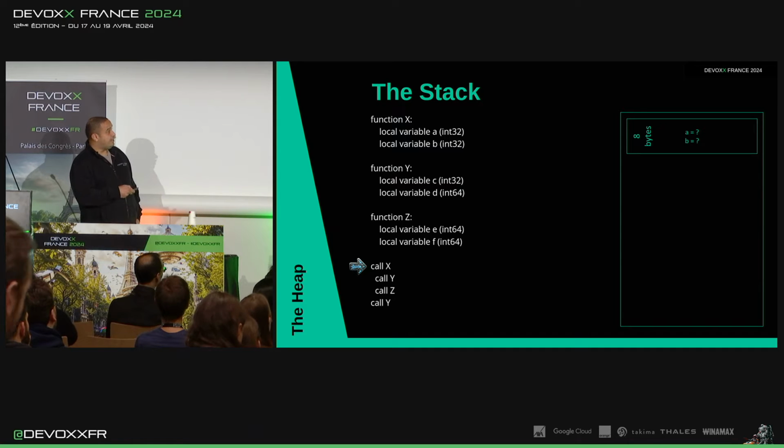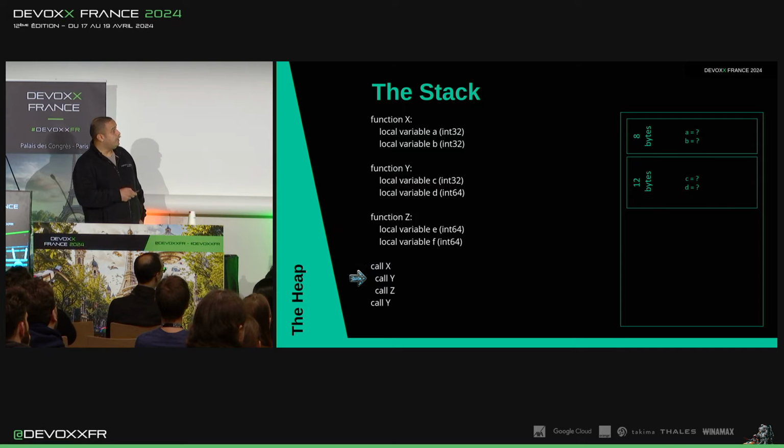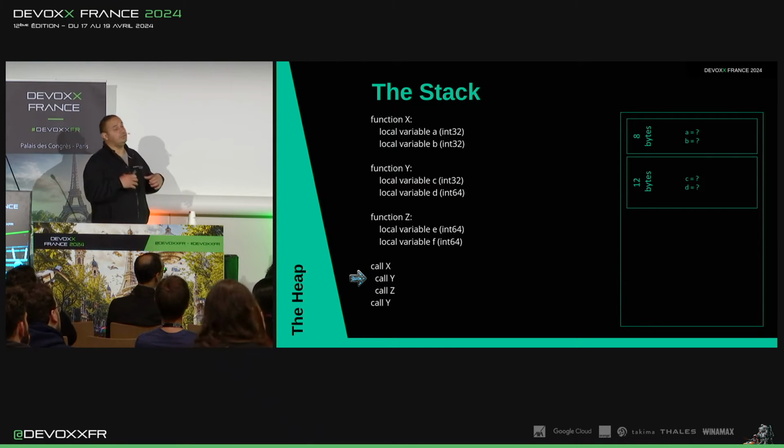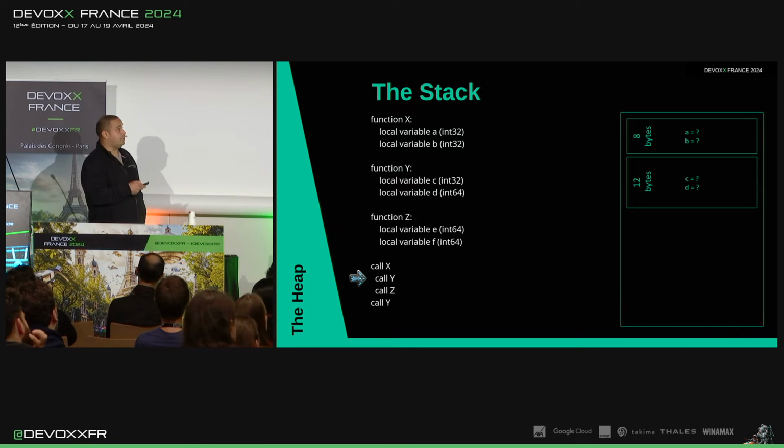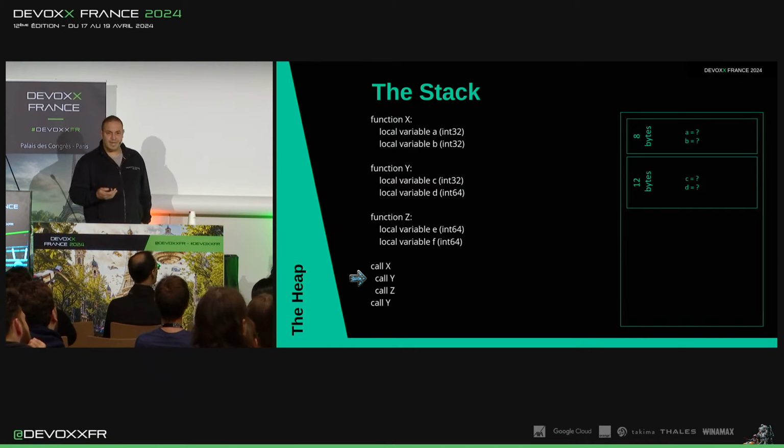So it's going to take that stack size, and the stack frame is going to start using that. And if inside the call x, the function x, you call the function y, you are going to create another stack frame that goes on top, or in this case on the bottom, of the other one. In this case, the stack frame is just bigger because these are 2 different sizes. Well, it is int32 and int64, so it's going to need 12 bytes.